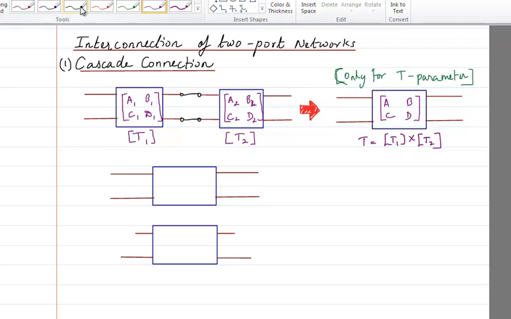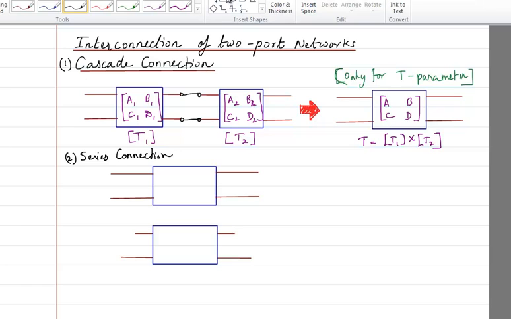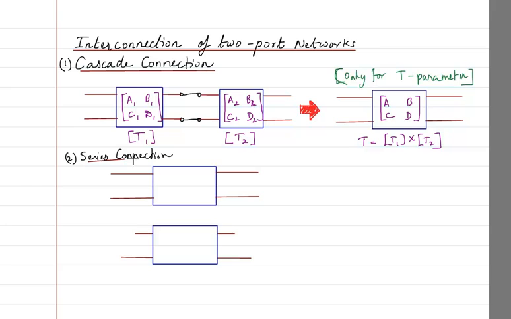Let us go to the second one, which is called the series connection. Or even I can take parallel connection, but first I will take series connection. Now what is the meaning of series connection? Many people think that this one is your series connection. No, this is cascade connection.